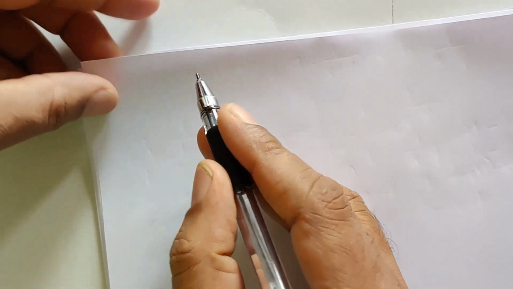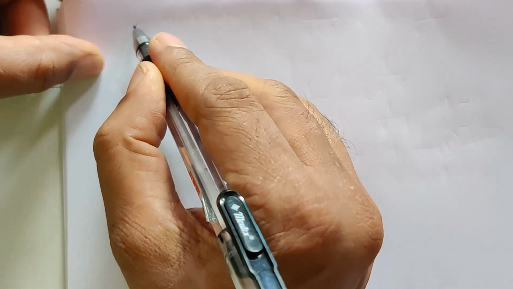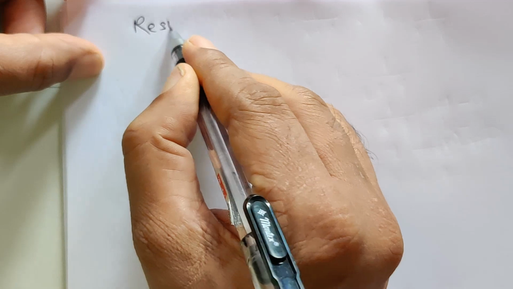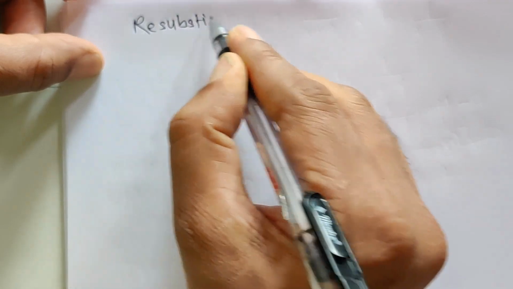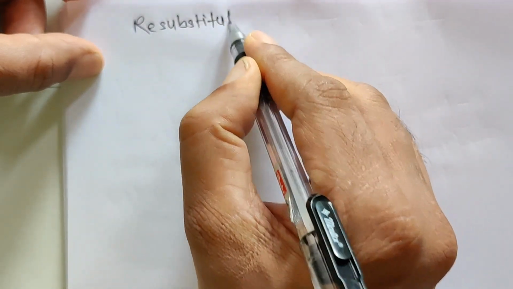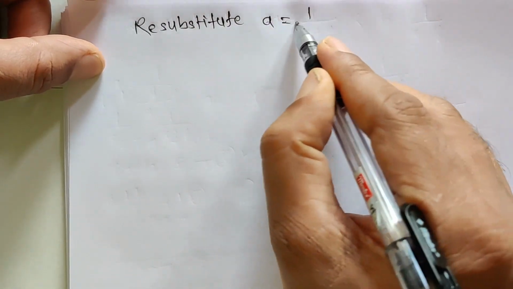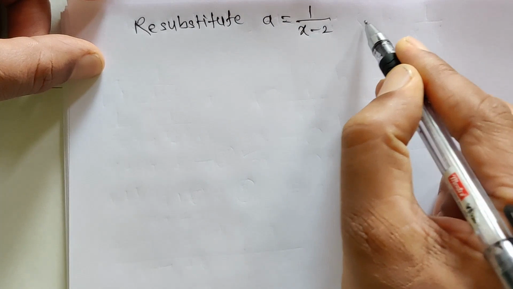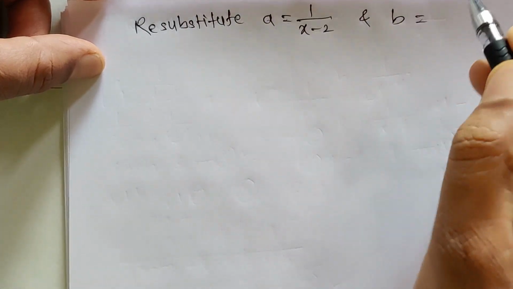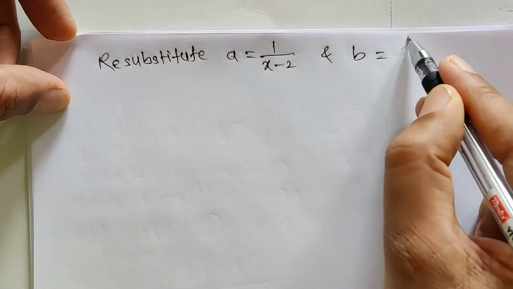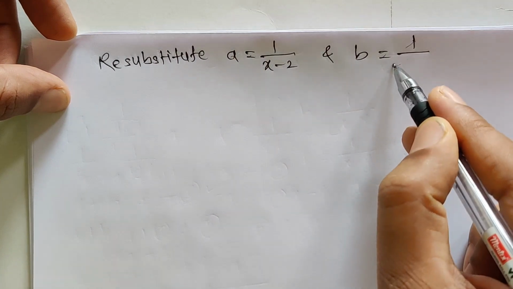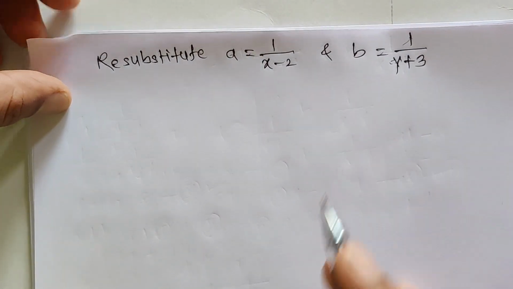So again resubstituting the value of a and b: a is equal to 1 upon x minus 2 and b is equal to 1 upon y plus 3.